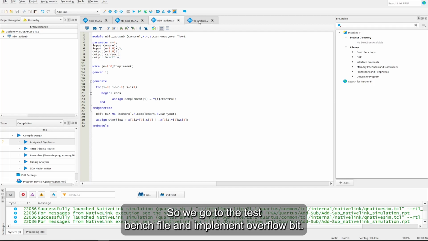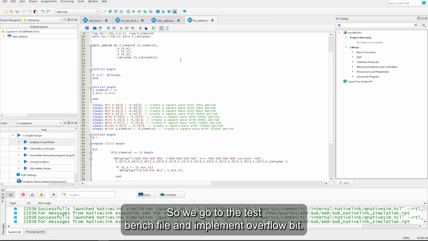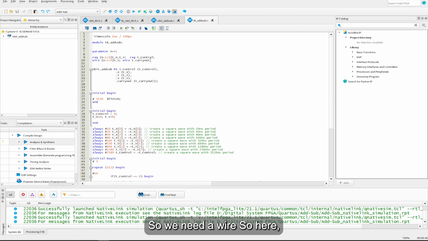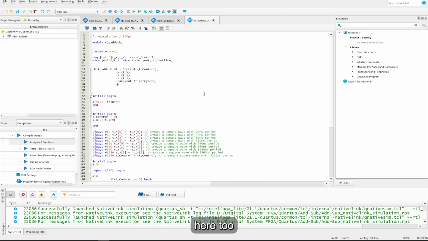So let's implement this overflow on the test bench file too. So we go to the test bench file and implement the overflow bit. So we need a wire. So here, test bench overflow. Try to implement here too. Overflow. Test bench overflow.